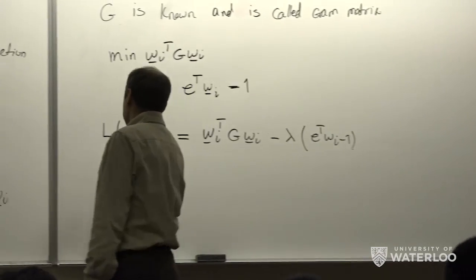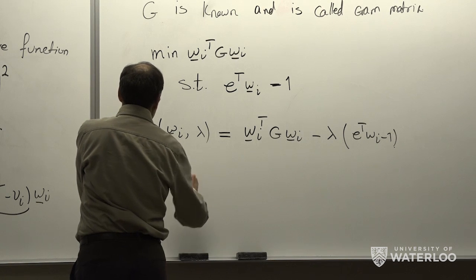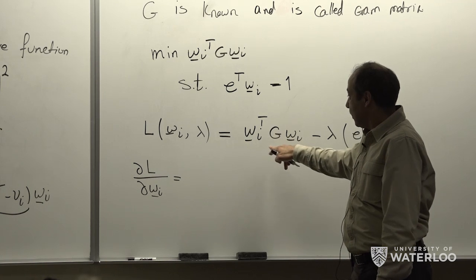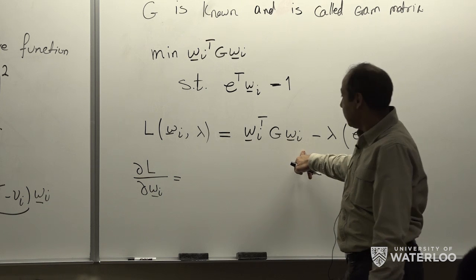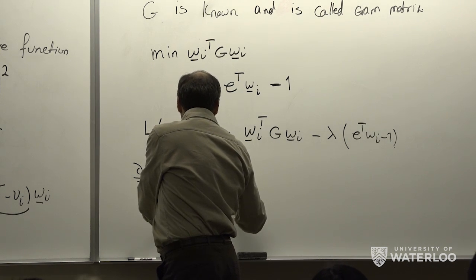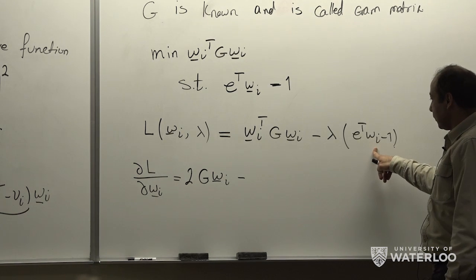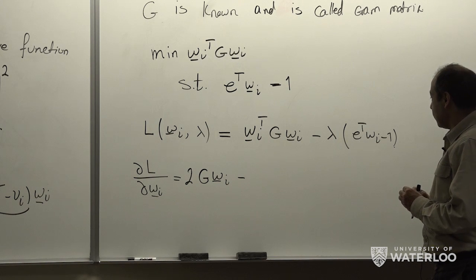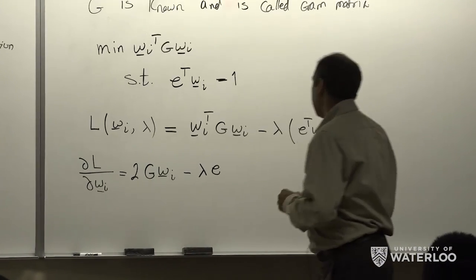Take the derivative of the Lagrangian with respect to the primal variable Wi. This is quadratic: the derivative of W transpose GW with respect to W would be 2 G Wi, minus lambda E. Okay?